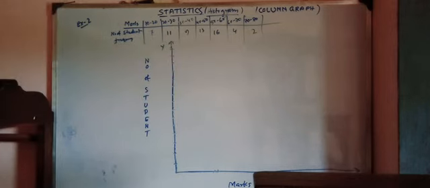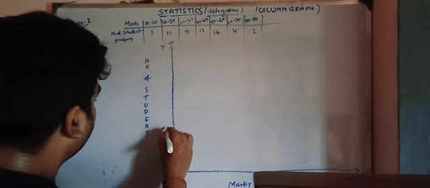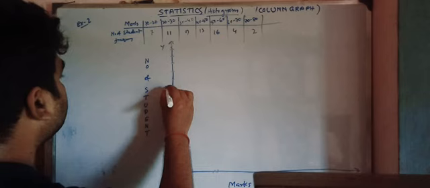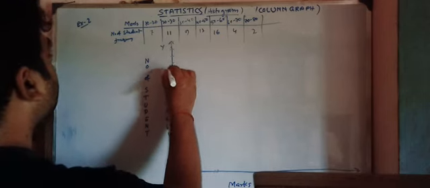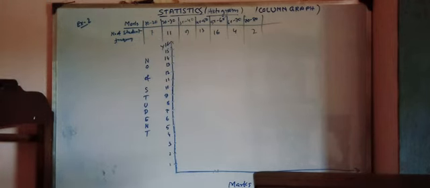So I am marking it 1, 2, 3, up to 15, this is 16. Understood?